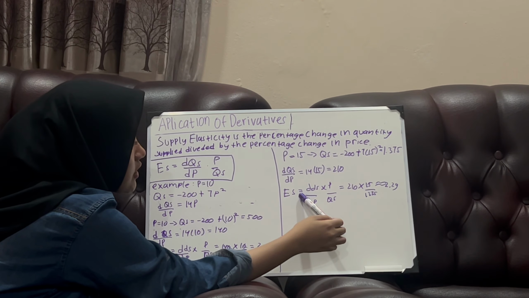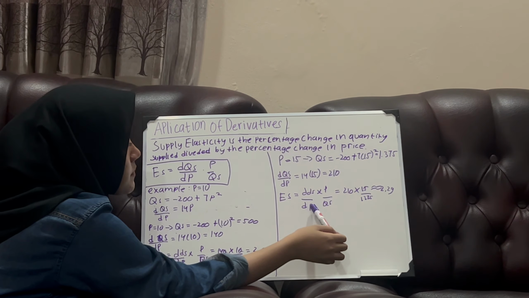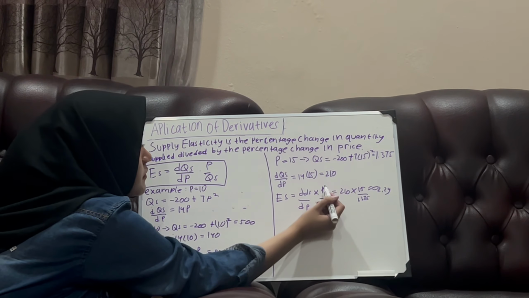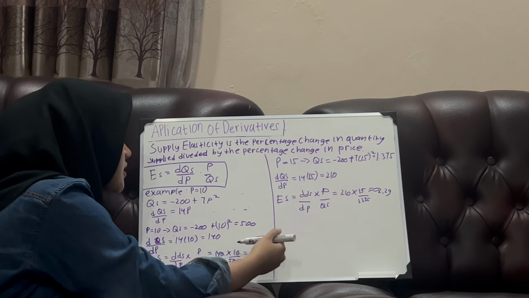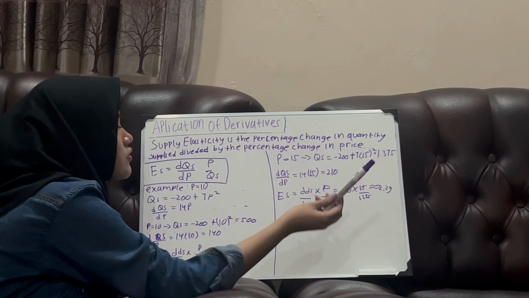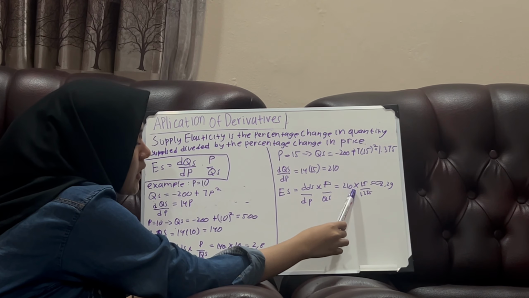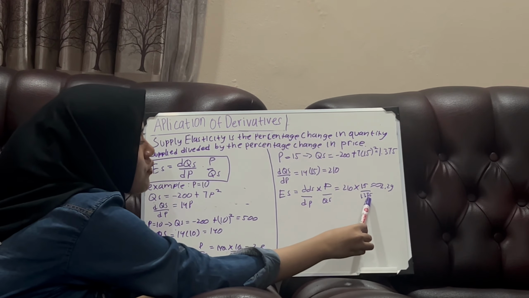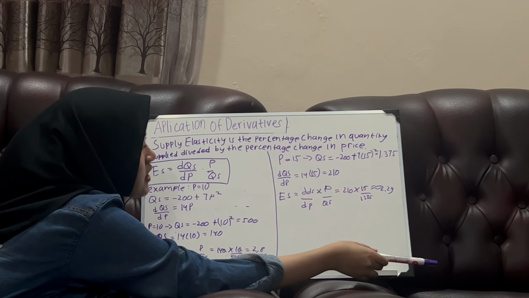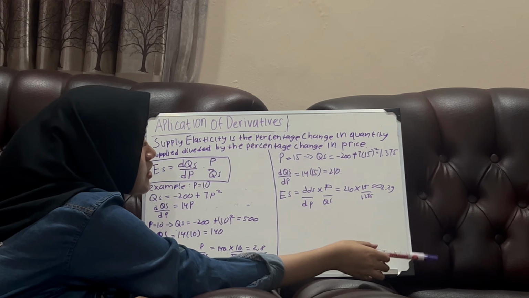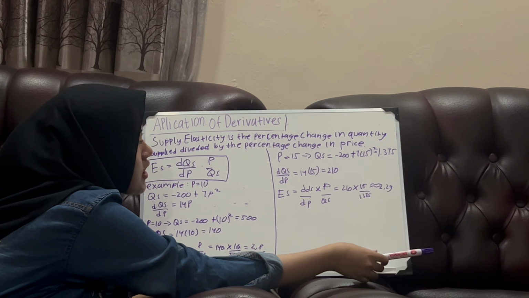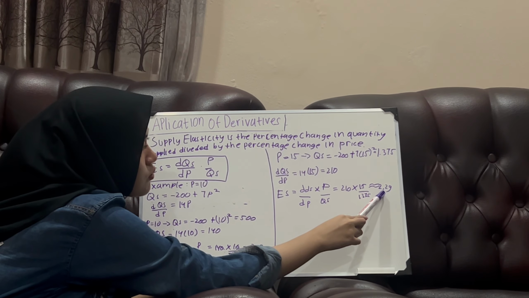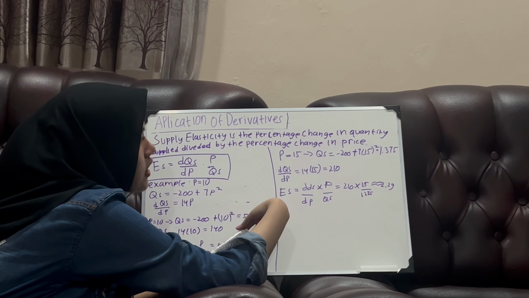ES equals dQS per dP times P per QS, equals 210 times 15 per 1375, which is 2.29. Okay, thank you.